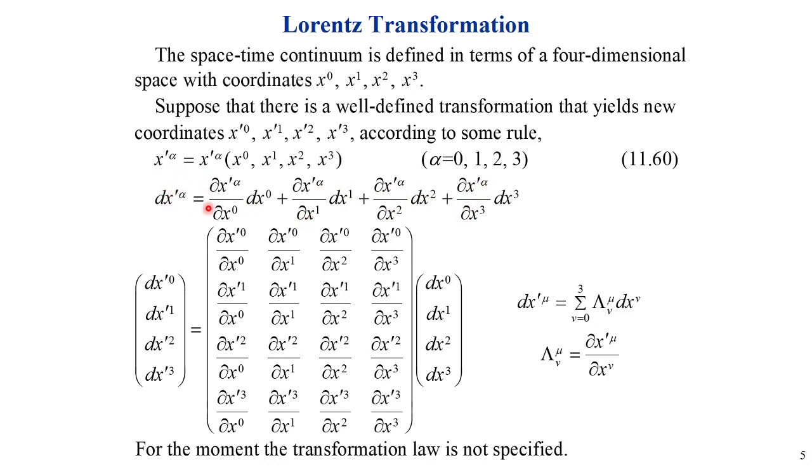Since alpha runs from 0, 1, 2, 3, we can write four equations, each one with four components. So we can express x prime 0, 1, 2, 3 as a matrix times the unprimed system.